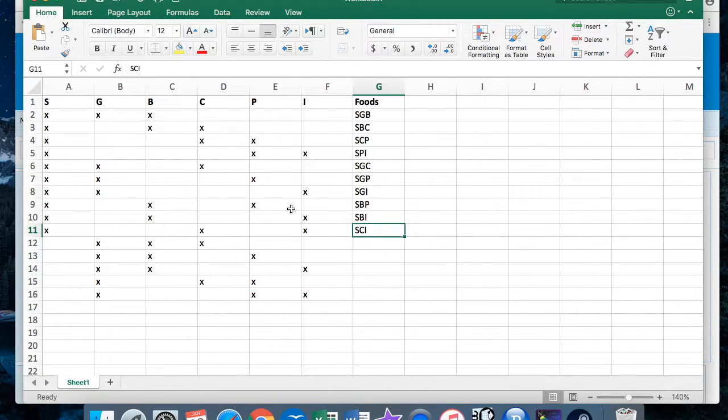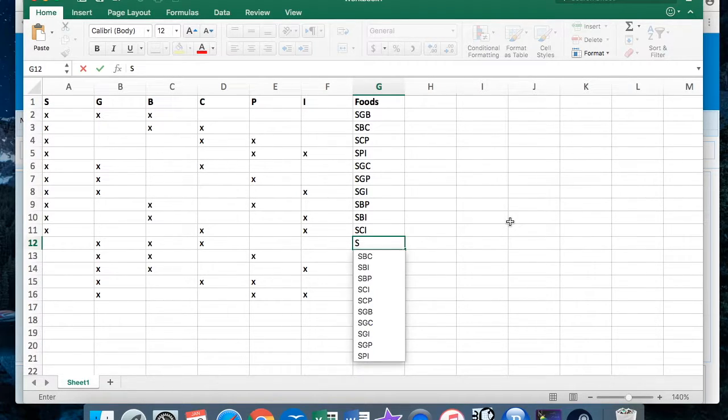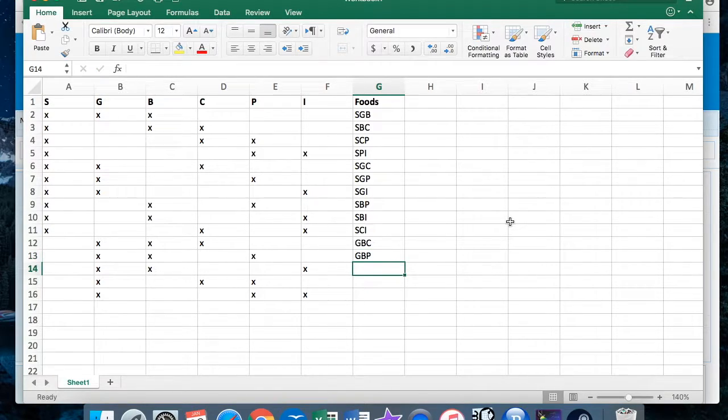So here, you should have most all of them down now. So this is all the S's. Now I have G, B, C. Then I have G, B, P, G, B, I. And then G, C, P, G, P, I. Okay, so that should be all of these guys.